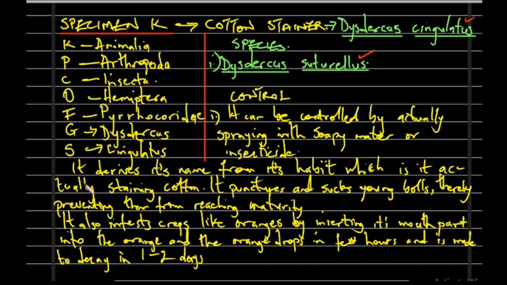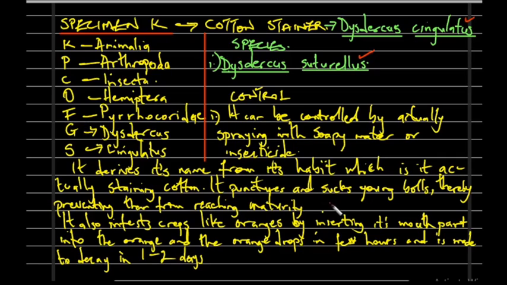This particular cotton stainer derives its name from its habitual effects on cotton, because it actually punctures and sucks the young bolls of the cotton, thereby preventing them from reaching maturity. When it sucks the bolls, it prevents the cotton from producing enough oil, as well as having the white color that it should have.